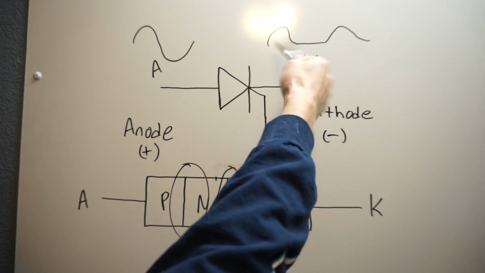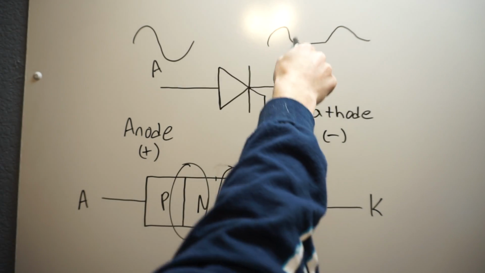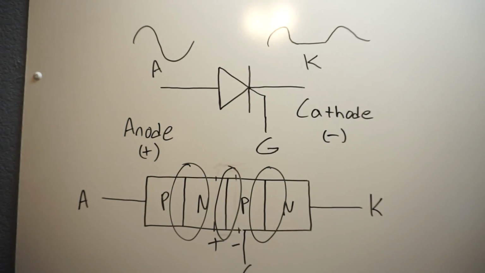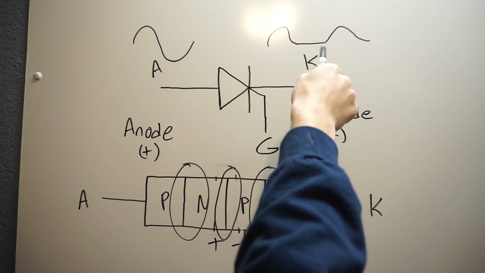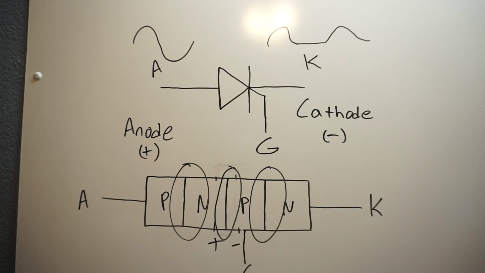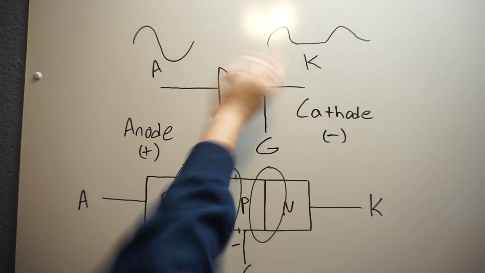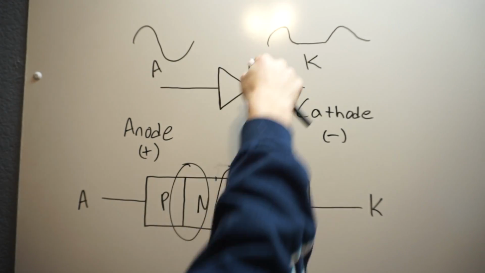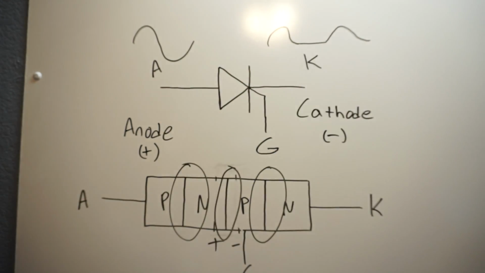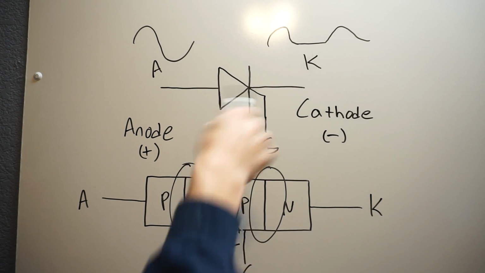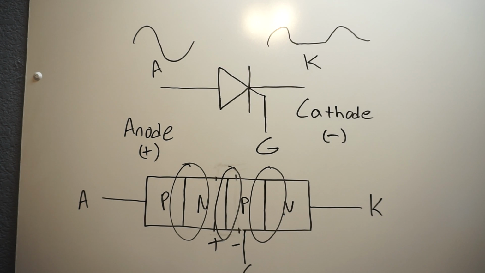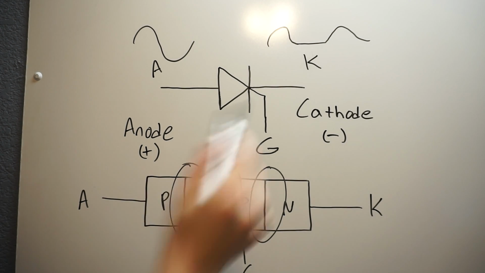This looks like a really poor wave, but you guys get the picture, right? The negative biased portions of that AC wave will not make it through. You could also flip this, and it would be just opposite: you get the negative half of your sine wave, and the positive half would be chopped off. So it does the same deal here. It behaves the exact same way, but we can get some very unique properties with this.